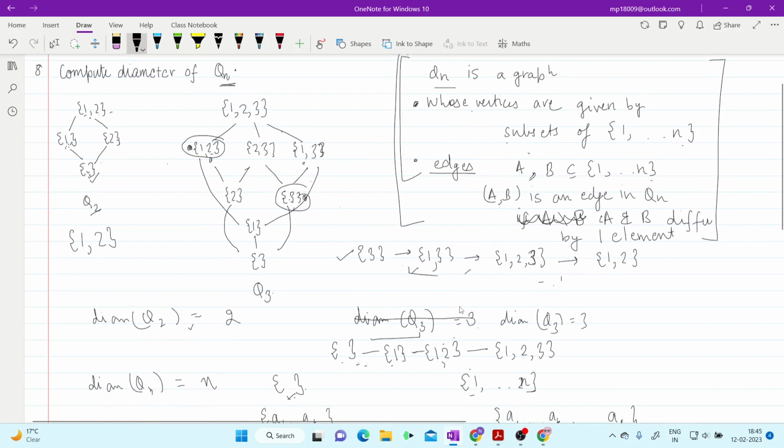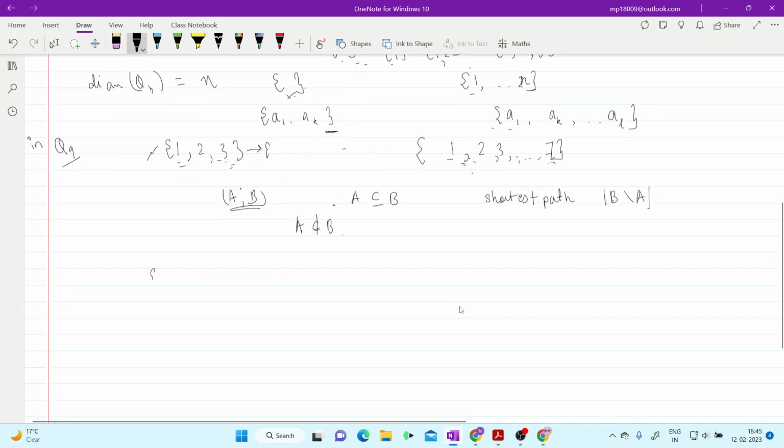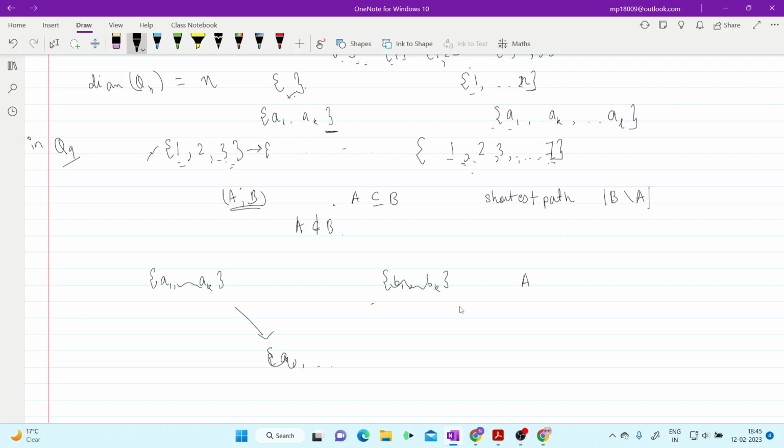Now see, if we have A1 to AK, and suppose we have B1 to BK. If we have two sets A and B, first from A we go to A union B, and then from A union B we go to B. So this is the path.